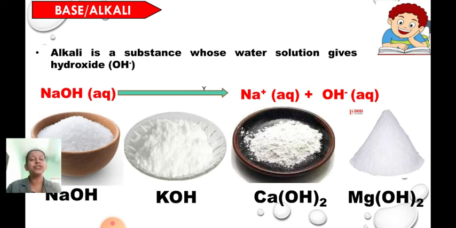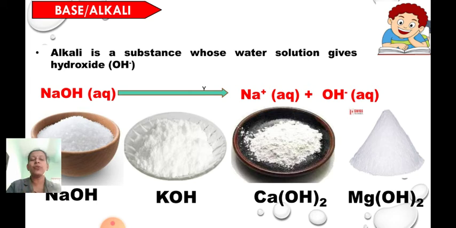CaOH2 means calcium hydroxide. Ca means calcium, OH is the hydroxide group. Since calcium has valency 2 and hydroxide has 1, calcium is 1 and OH becomes 2. So Ca(OH)2. Similarly, we have magnesium hydroxide, just like calcium. Magnesium also has valency 2, therefore OH becomes 2, whereas OH is 1, therefore magnesium becomes 1.